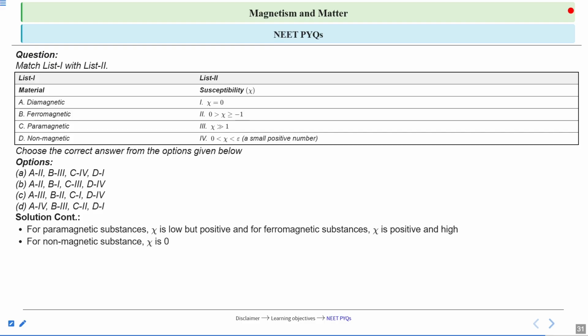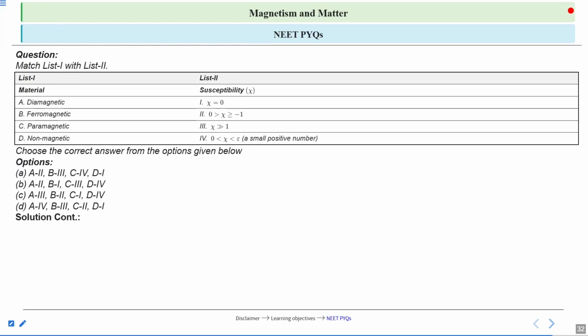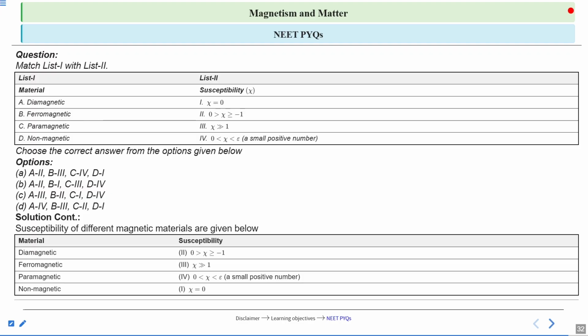For non-magnetic substances chi is 0, no magnetic susceptibility. The susceptibility of different magnetic materials is given in the table. This is the correct table, matching the correct option in front of diamagnetic.